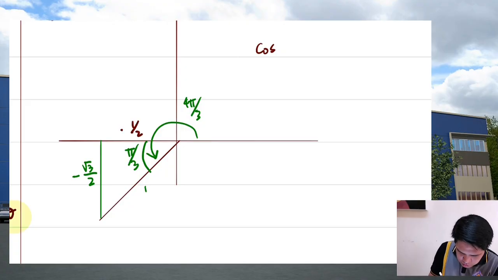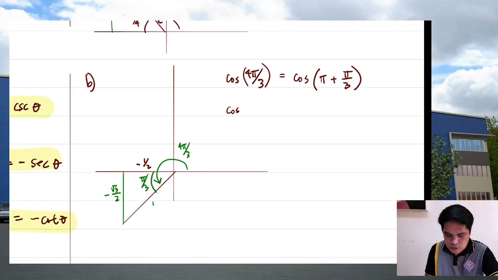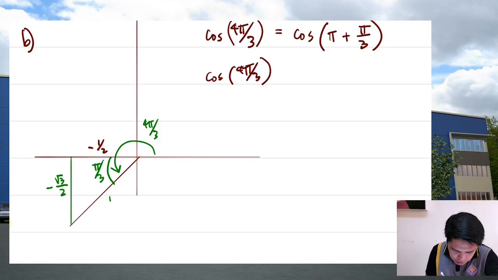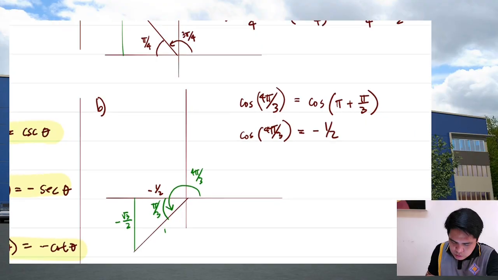And that means it's negative 1/2 because it's on the left side of the Cartesian plane. So therefore, cosine 4 pi over 3, we'll be looking at this triangle that was formed. That is just adjacent over hypotenuse. So, that's negative 1/2. So, that's all it is. That's it.